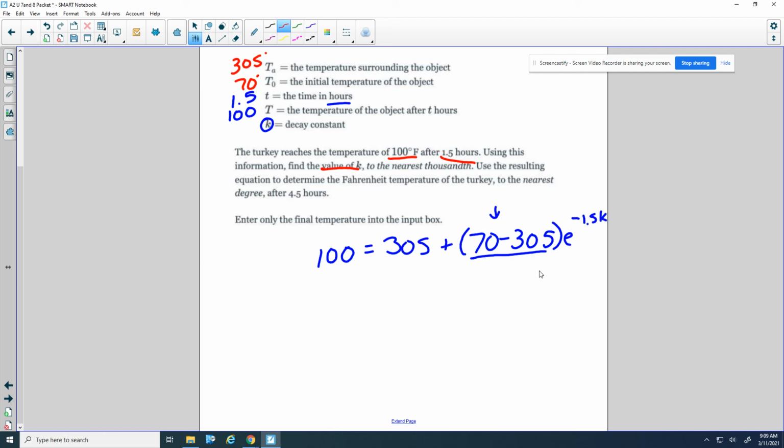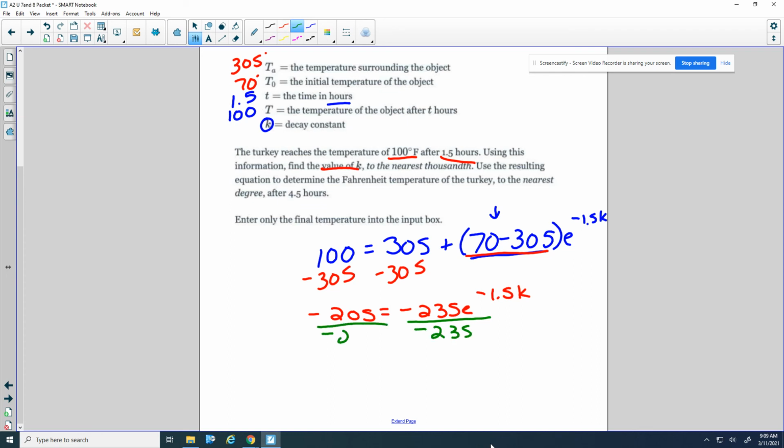We can simplify this, but I'm also going to subtract at the same time. So we get negative 205 equals, this simplifies to negative 235 e to the negative 1.5k. We are going to divide by negative 235 to get it into log form.